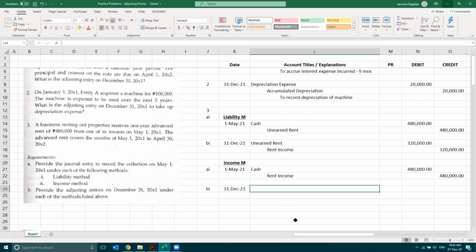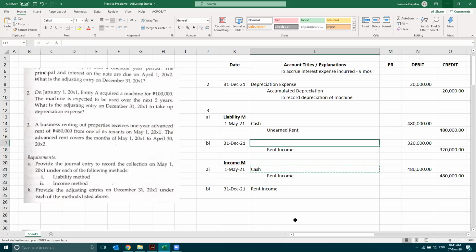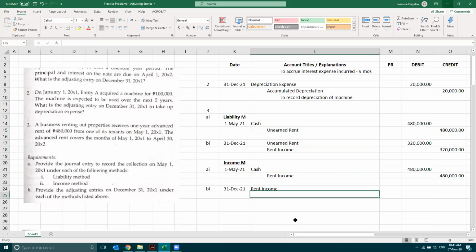Debit rent income, reducing the rent income. Credit unearned rent.